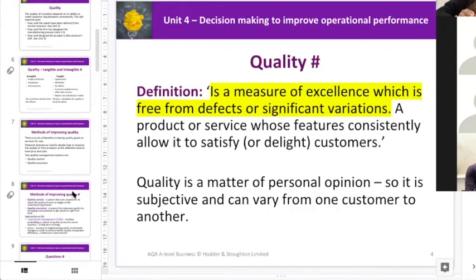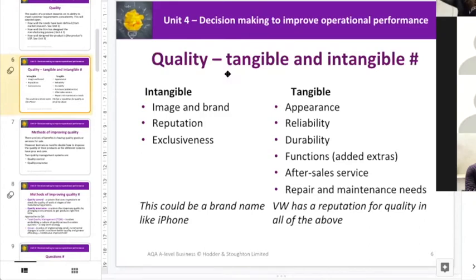Everyone has a different view on quality on the same product. Okay, there are some tangible and intangible quality measures you can think about. So for tangible, you look at their appearance, reliability, durability, their functions, their service after sales, repair, yeah? Intangible, you only can look at their brand image, their reputation, their exclusiveness.